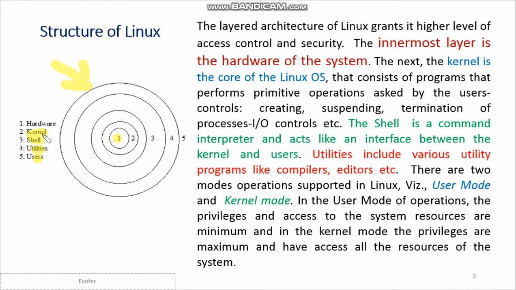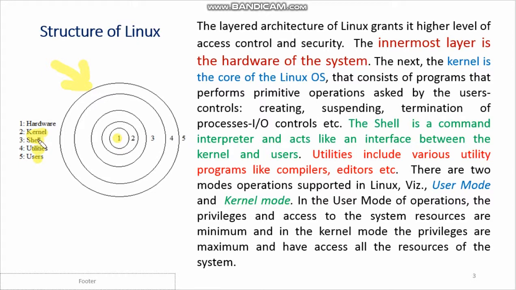The kernel, which is the center, the core of the Linux operating system, consists of different primitive basic operations that are part of the operating system. In Linux everything is called a process, a task is called a process. So creating, suspending, termination of a process, etc., is done at this level, at the kernel.